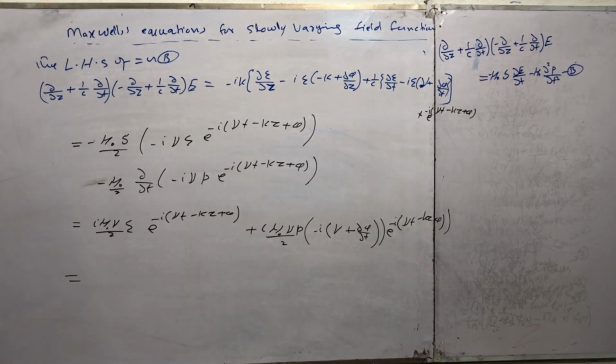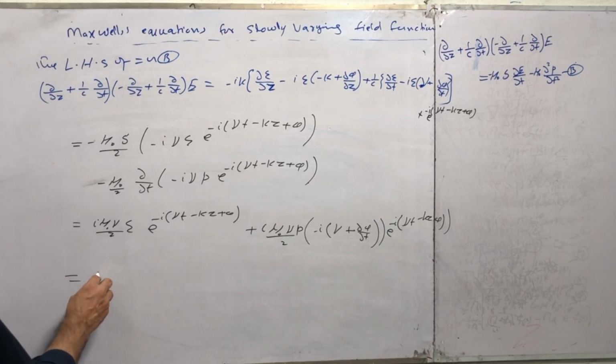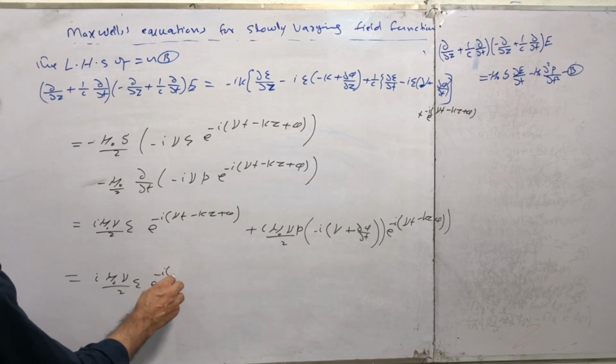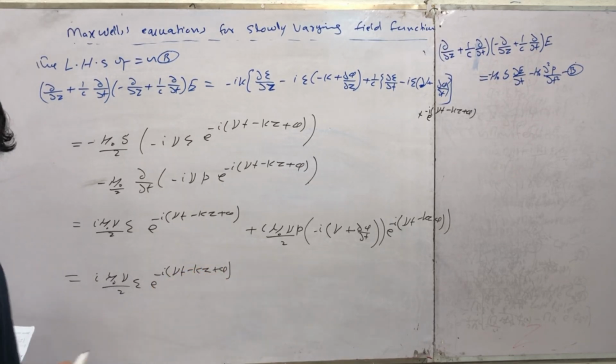And then you have the final result, iota mu naught nu divided by 2e and e to the power minus iota nu t minus kz plus phi.